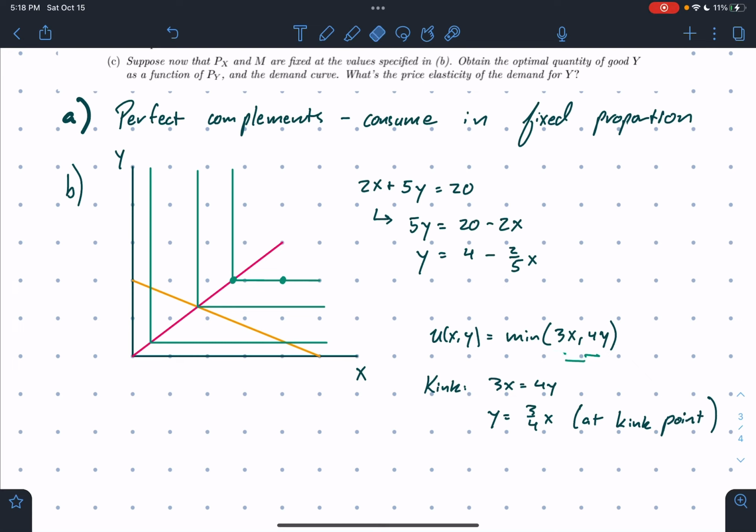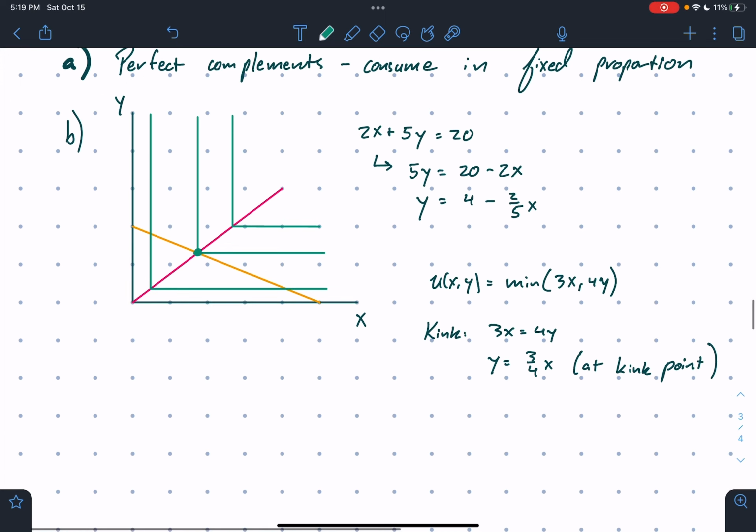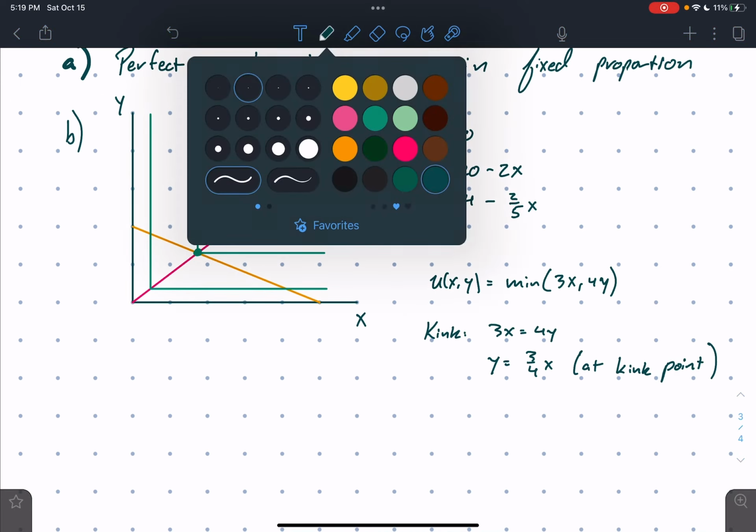So that's just showing you how to plot these indifference curves. Now, for these preferences, the optimal consumption for the consumer is to just consume at the kink point. They're going to consume at the point where the indifference curve touches the budget line, and this is going to be precisely at the kink.